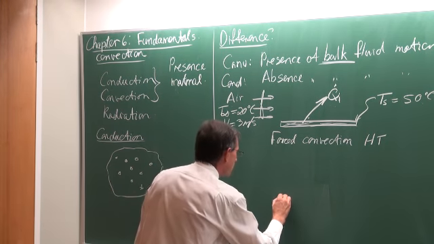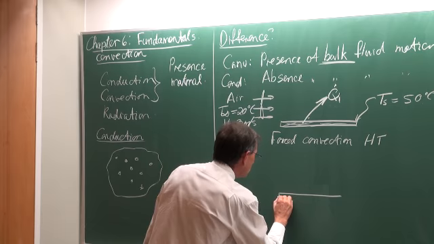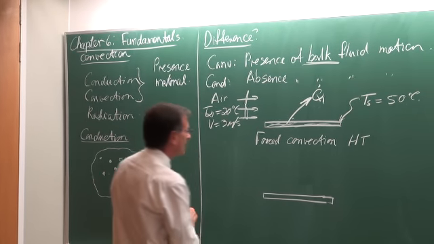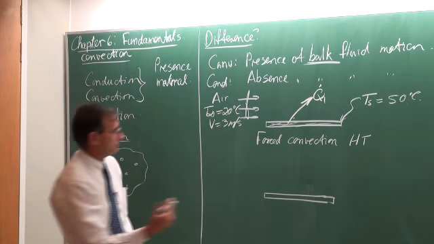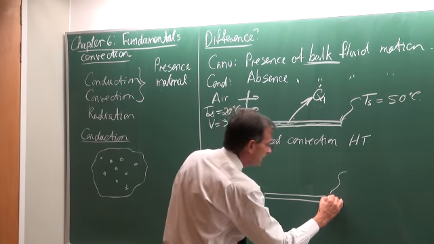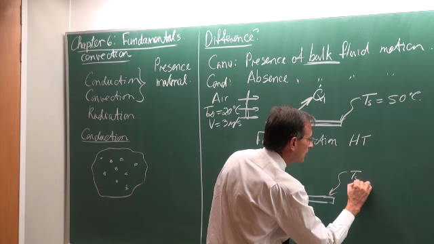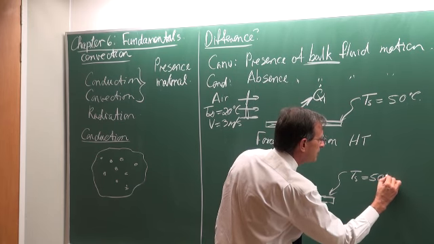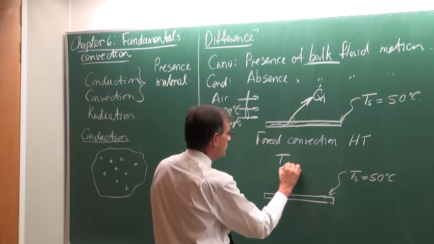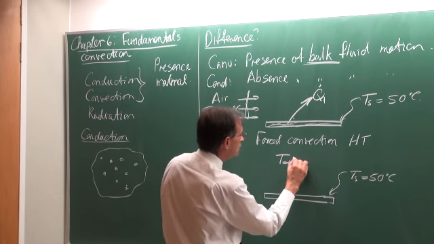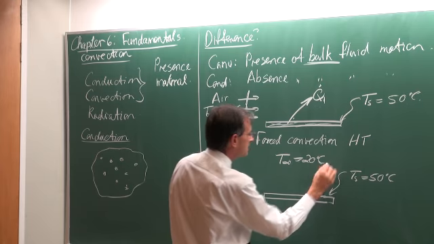Now, let's suppose there's no electricity, and the fan stops working. What is going to happen? Now it's the same plate. It is at 50 degrees Celsius, and now we know the air here is going to be at 20 degrees Celsius.